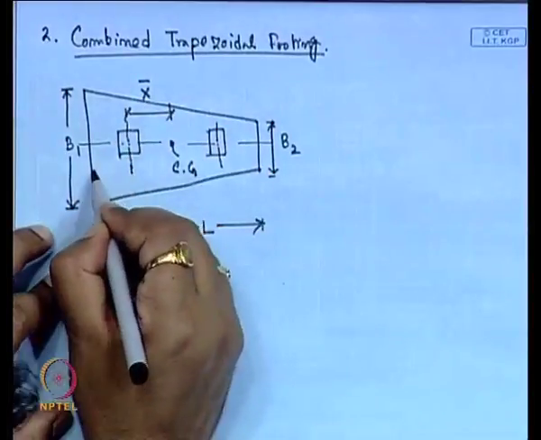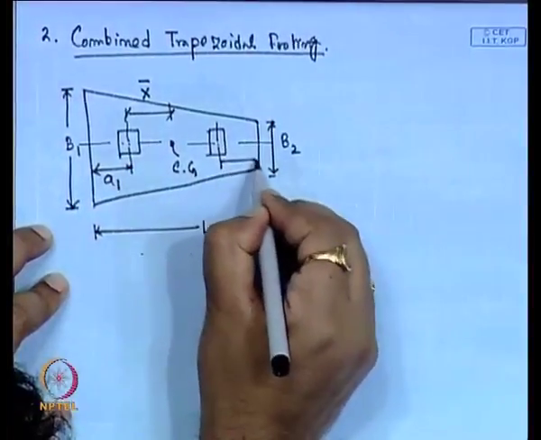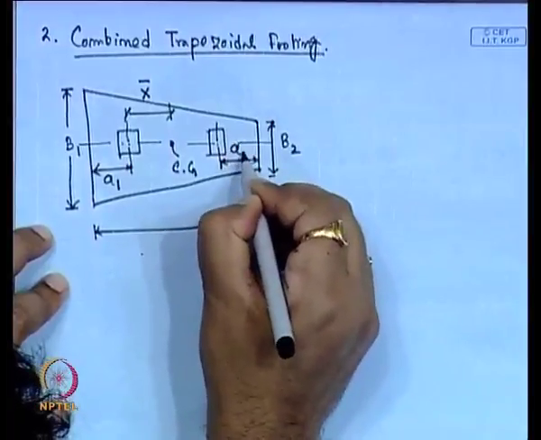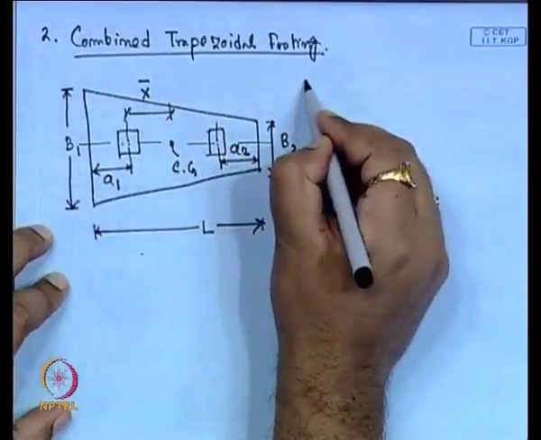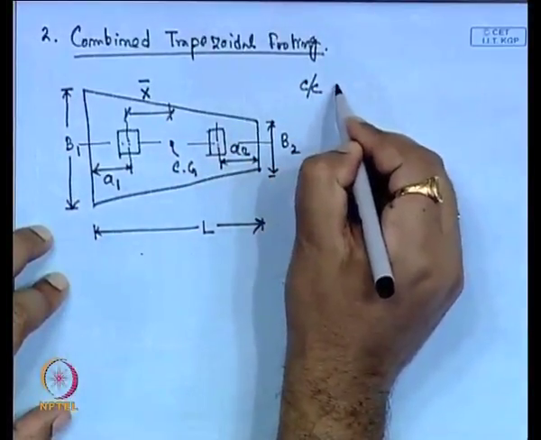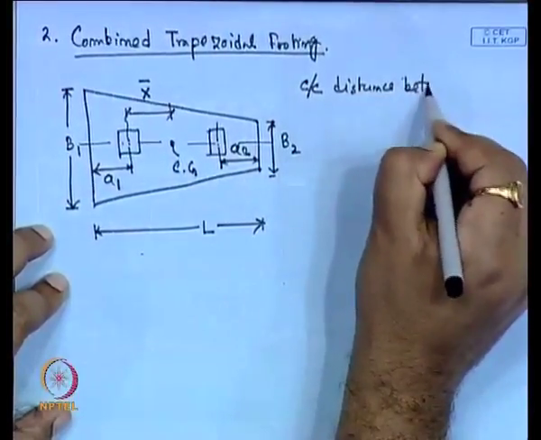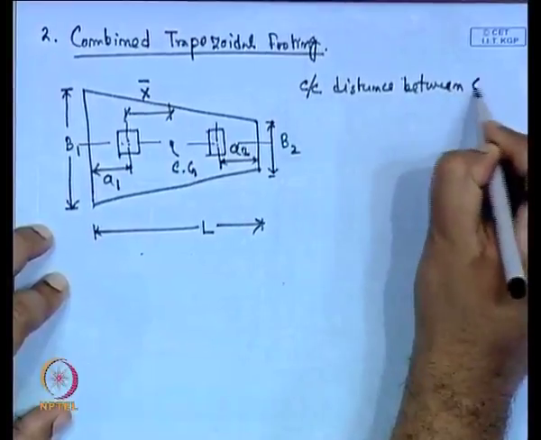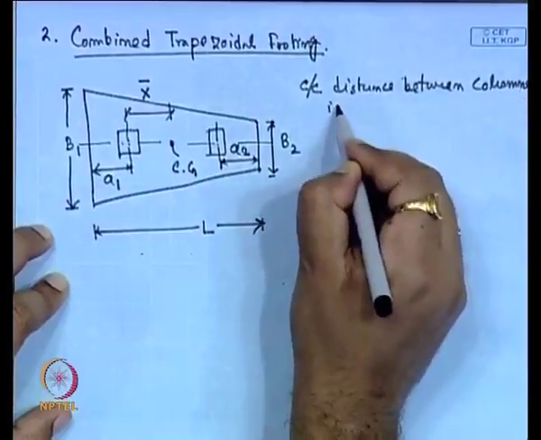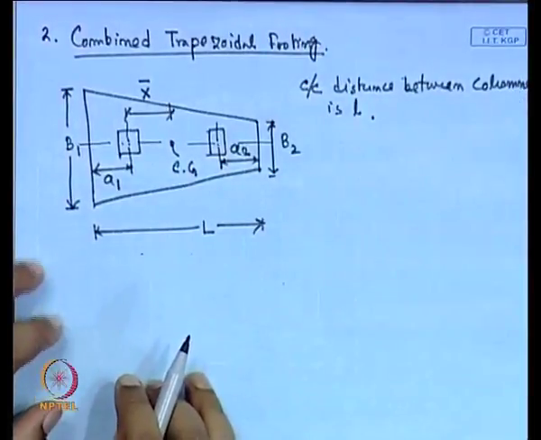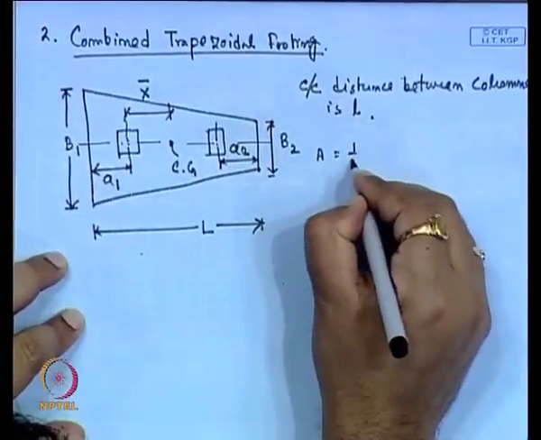Similarly, from this center this edge distance is A1, and from this center this edge distance is A2, and the center to center distance between columns is small l. Again, we can write the area for this trapezoidal footing.